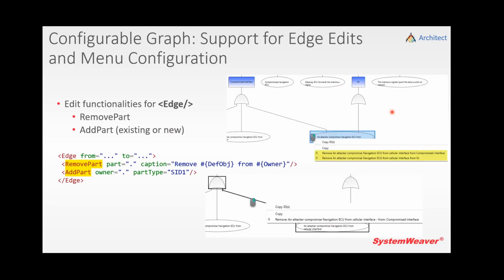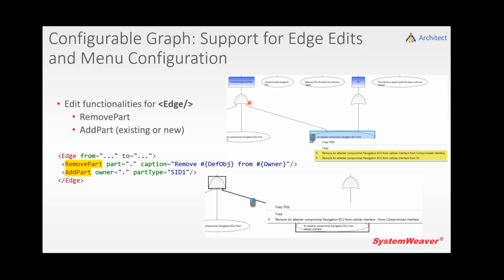Previously, pre-R39, if you wanted to remove a part, you would stand on the node itself, right-click, and get your list of options of what you would like to remove. We just made these labels very specific here. So this first one is remove this attacker compromise, etc., from cellular compromised interface.